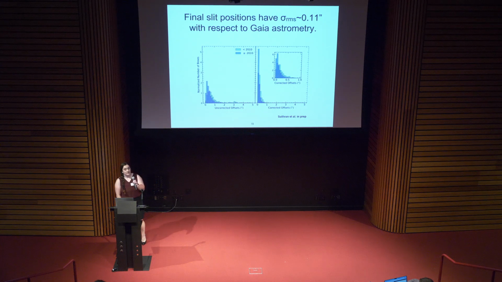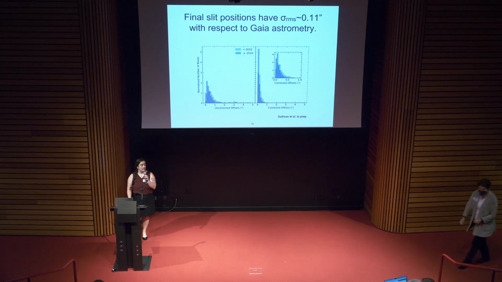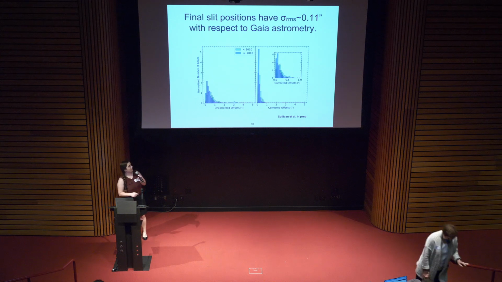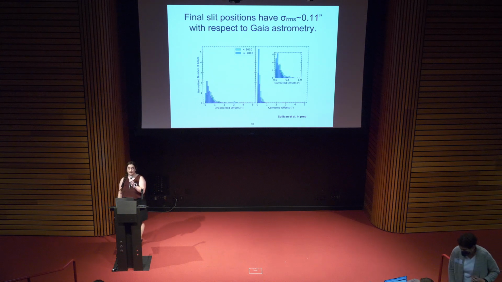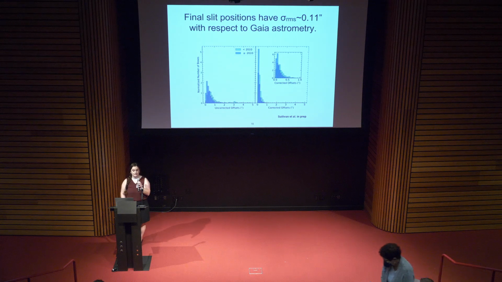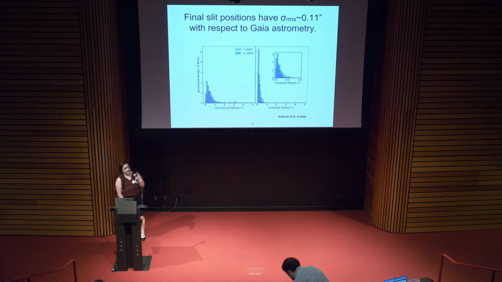This histogram here shows the improvement when we incorporate the shift. So this left side shows the uncorrected offsets between the box centers and the objects in the Gaia catalog. And then the right side shows the corrected offsets. So we see a dramatic improvement in our alignment with the masks on the sky.